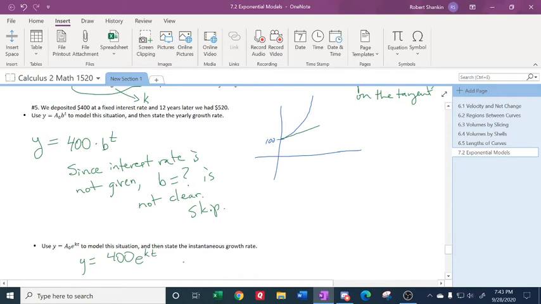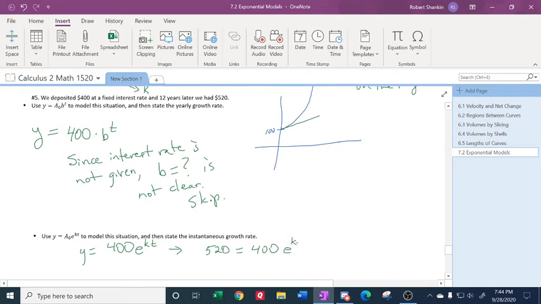And then I'm going to go to the right here and say, in 12 years, we're going to have $520. e to the k, I don't know what the k is, but I know that the time is 12 years. So this equation will allow us to find out what k is.